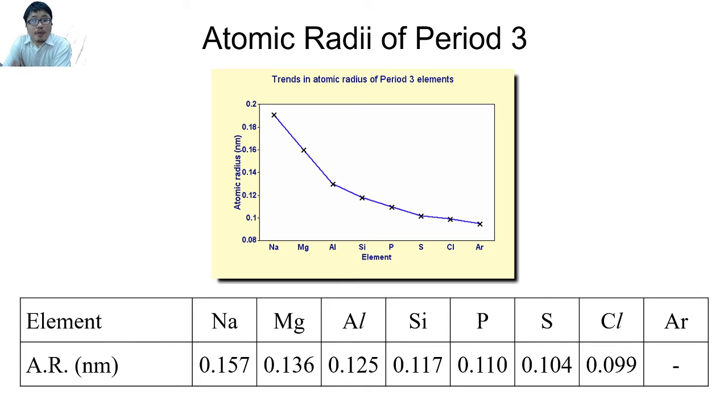Now, for atomic radius, if we analyze from sodium all the way to argon, the atom becomes smaller and smaller. Now, why did it become smaller and smaller? Let us analyze this.